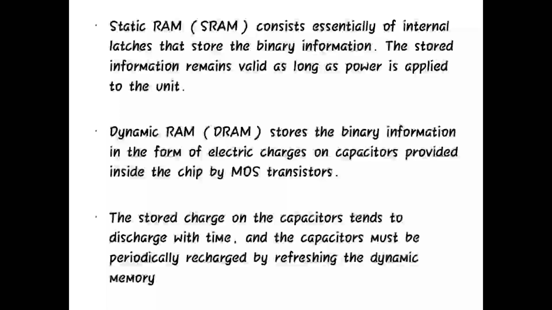Coming to static RAM, it consists essentially of internal latches that store the binary information. The stored information remains valid as long as power is applied to the unit. Latches are flip-flops; we'll study them in the next unit. Whereas dynamic RAM stores the binary information in the form of electric charges on capacitors provided inside the chip by MOSFET transistors.